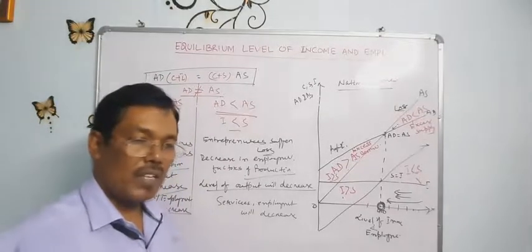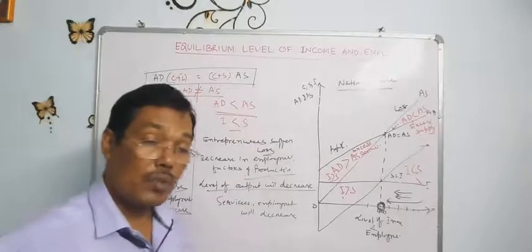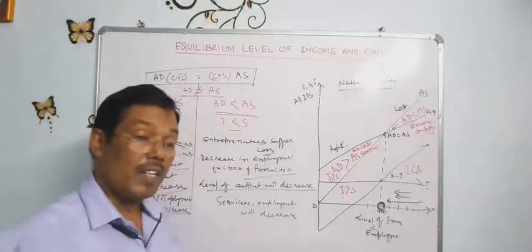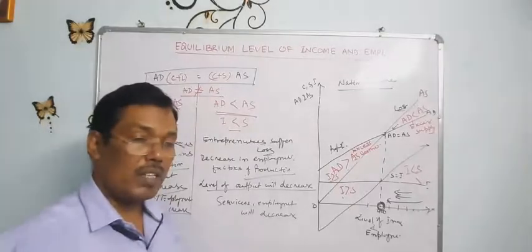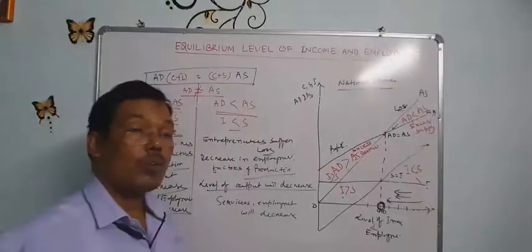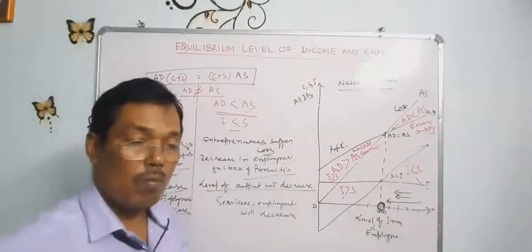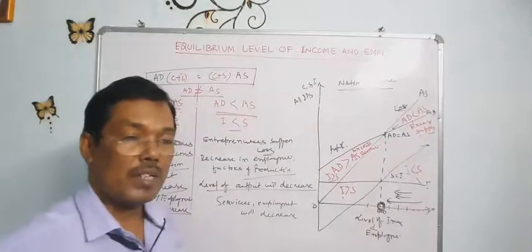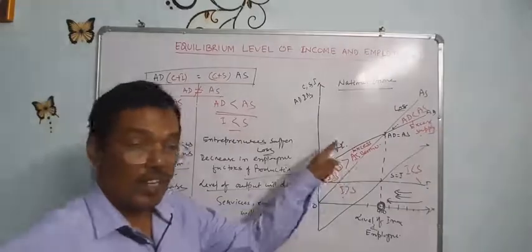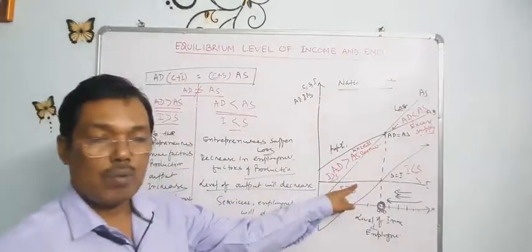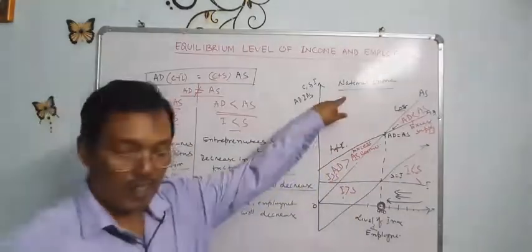Whenever the country produces goods, that much demand will be needed. The country will have to create the aggregate demand. So whenever aggregate demand is more, the country will produce more and more output, goods and services. When AD is greater than AS, the country will produce maximum output to increase the national income.